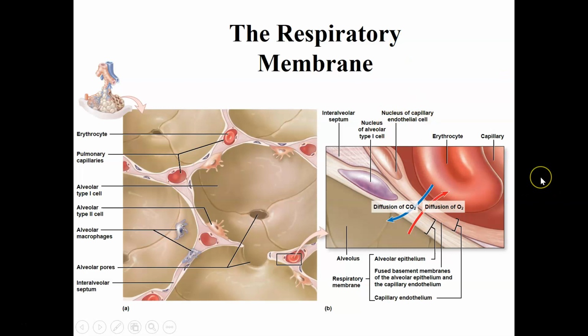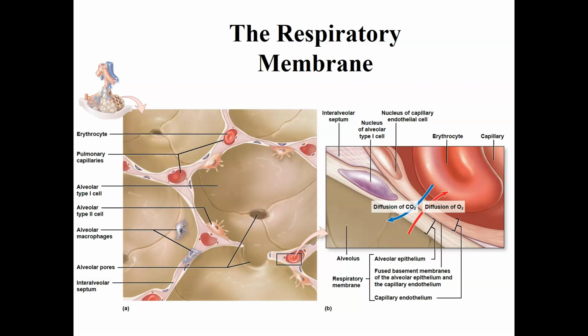The right side of this slide shows what's called the respiratory membrane. The respiratory membrane is the barrier across which gas diffusion occurs. And so what's on either side of this barrier is air inside the alveolus on one side and blood circulating through the pulmonary capillaries on the other side.